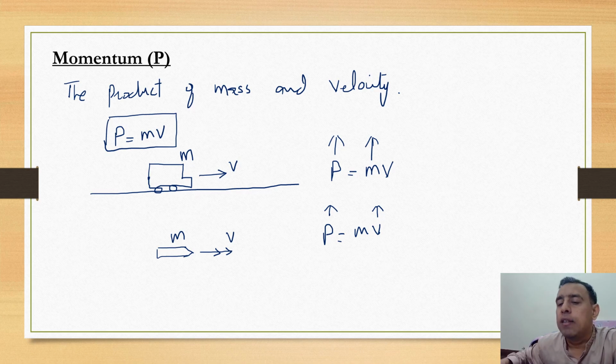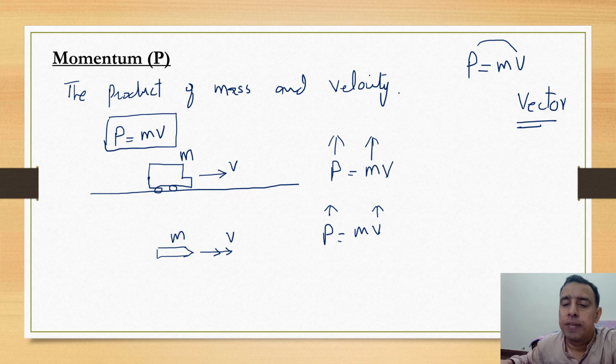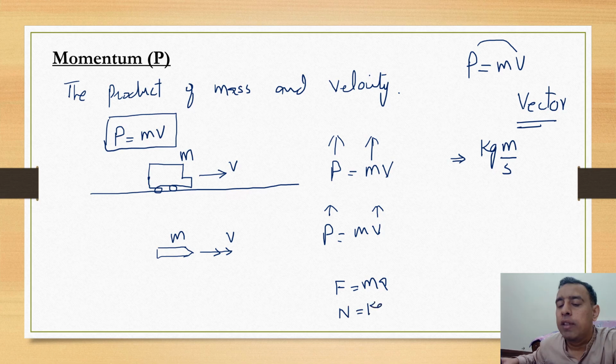It means this momentum is a vector quantity, and its direction is the same as the velocity. It means the P and V have the same direction. And the unit is kg meter per second. And you may write it as from F is equal to MA, unit is Newton, kg meter per second square.